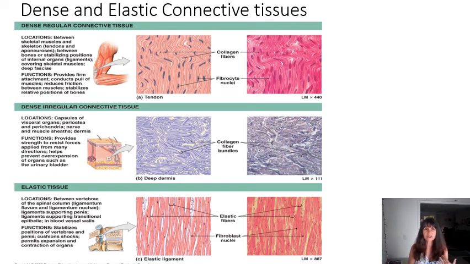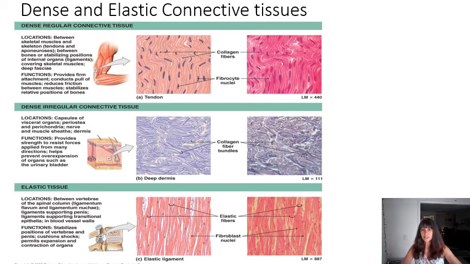We find dense regular connective tissue between skeletal muscles and the skeleton, forming structures known as tendons. Tendons connect muscle to bone, as well as in structures known as aponeuroses. And aponeurosis can also connect muscle to bone or muscle to muscle, or it may wrap around certain structures to help provide support. It's a flat band of dense regular connective tissue.